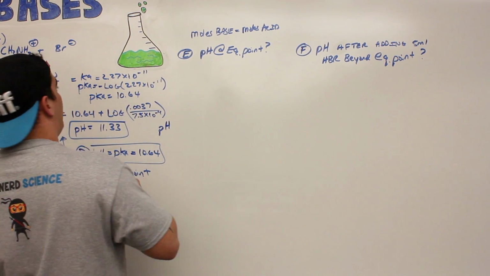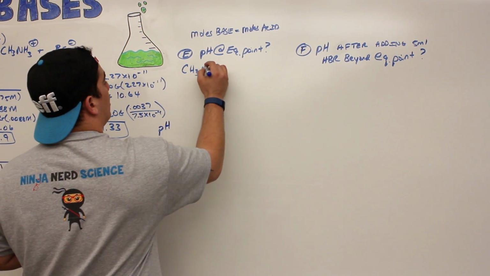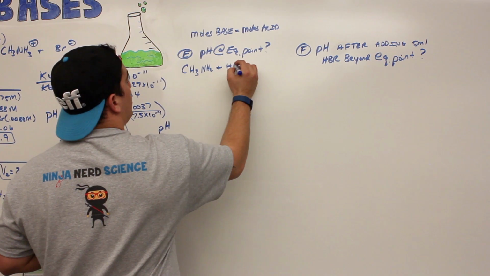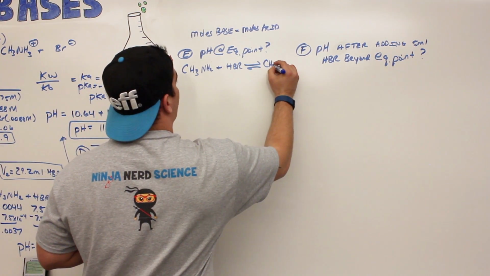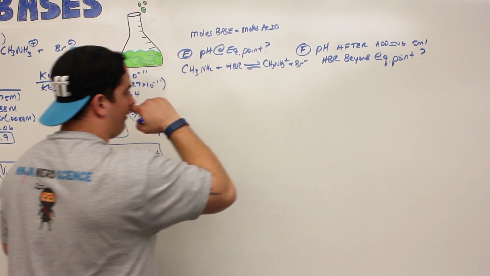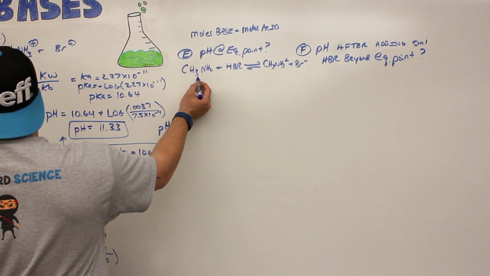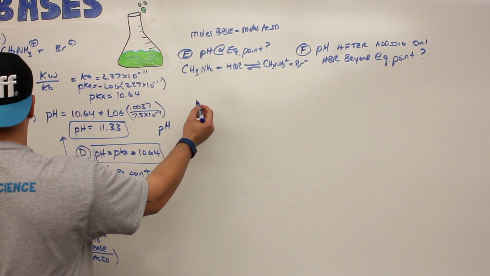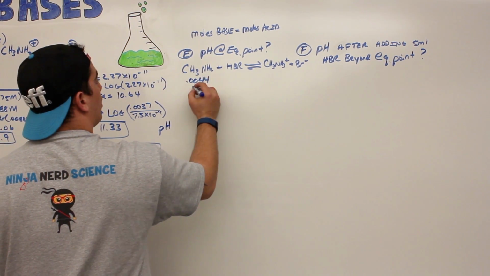Okay, so let's write out that equation again. It was CH3NH2 plus HBr yields CH3NH3 plus and Br negative. And what did we say was the moles of our methylamine? When we calculated it, it was 0.0044 moles.